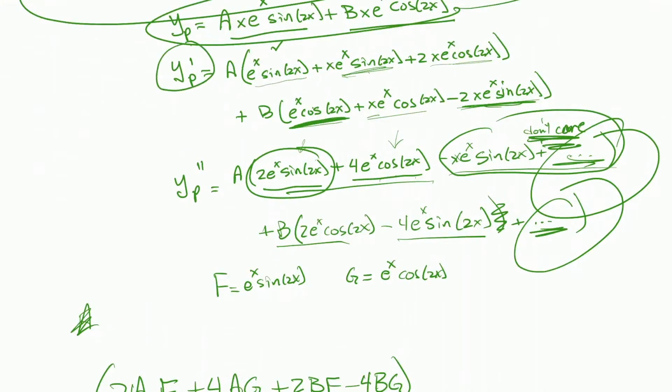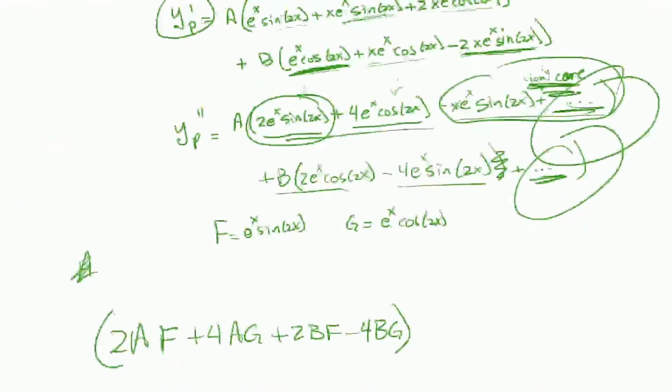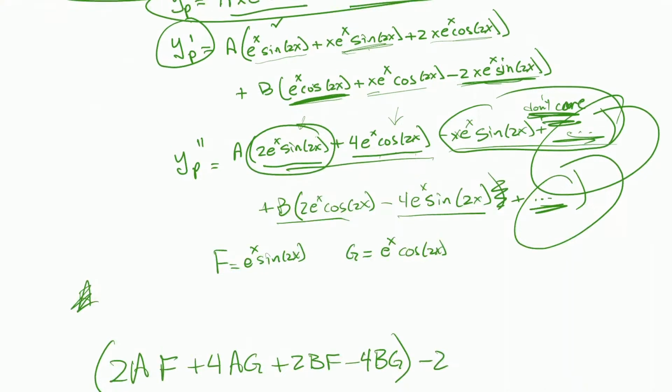Now let's do negative 2 times the first derivative. So minus 2 times the first derivative. This stuff is all that I care about right here and here. So that'll be 2 times aF plus bG.